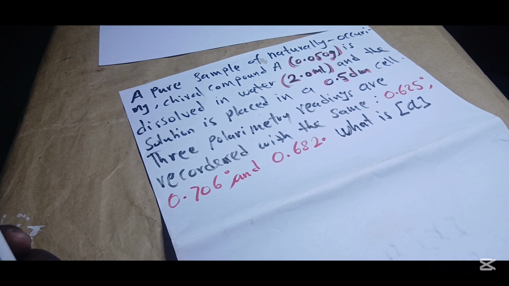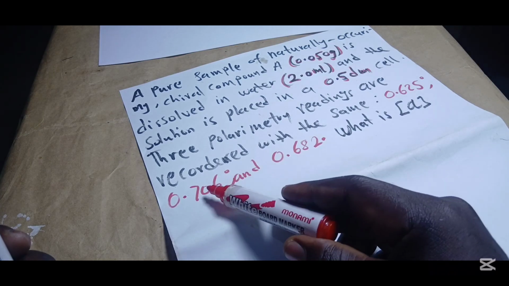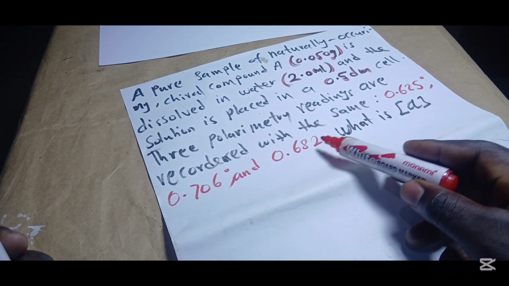A pure sample of naturally occurring chiral compound A of mass 0.050 gram is dissolved in water of volume 2.0 ml, and the solution is placed in the 0.5 decimeter cell. 3 polarimetry readings were recorded with the sample: 0.625, 0.706, and 0.682.